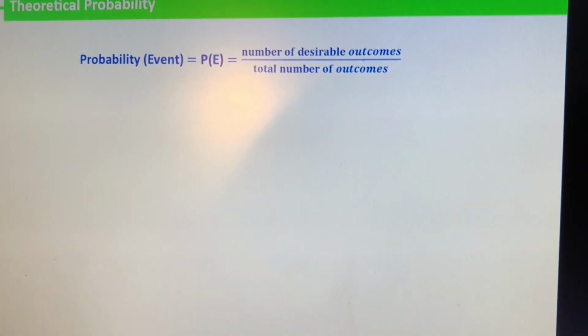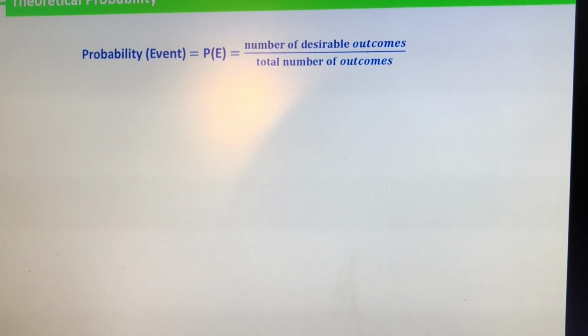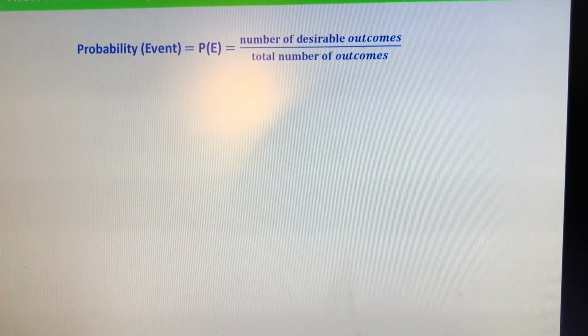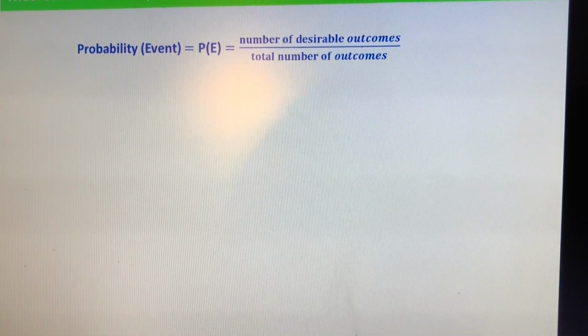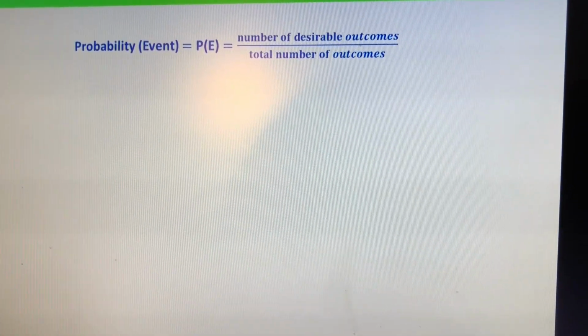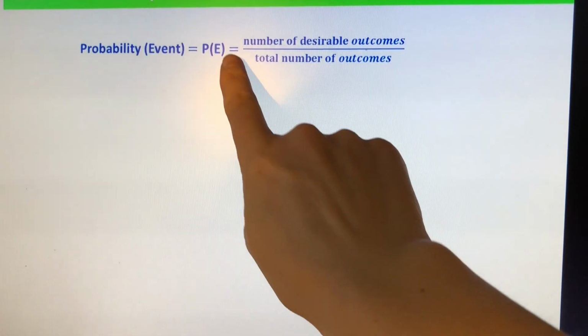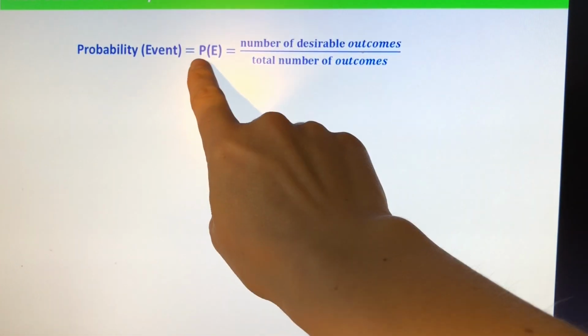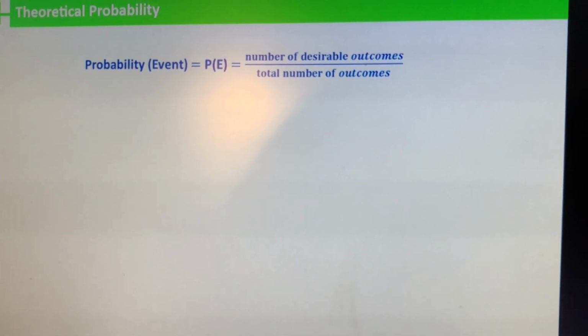And inside that bracket, we would write what event that we are trying to calculate the probability of. So, for example, if I wanted to work out the probability of flipping a coin and getting a head, then I would put the letter H inside my bracket or the word heads. And that means I want to find the probability of getting a heads.